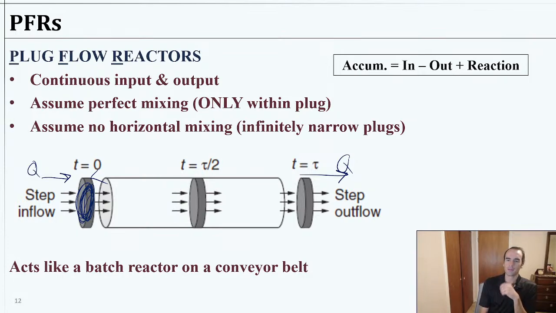So what happens in that case, we'll just write it that way, is that it's essentially like we have a little tiny batch reactor on a conveyor belt that's going to spend some amount of time in the plug flow reactor with a reaction going on inside of it, and then it's just going to dump out on the other side of the plug flow reactor.